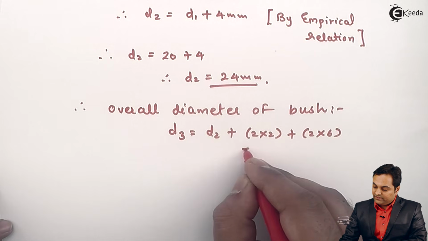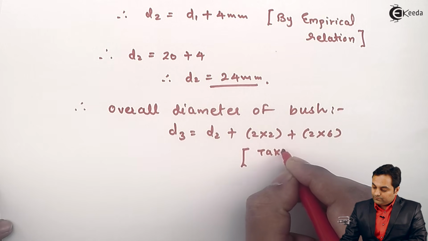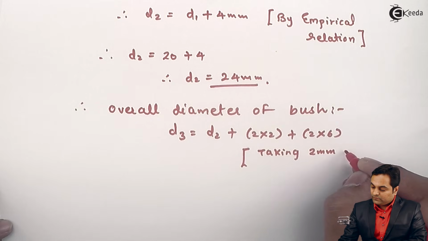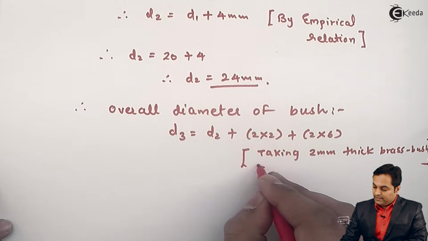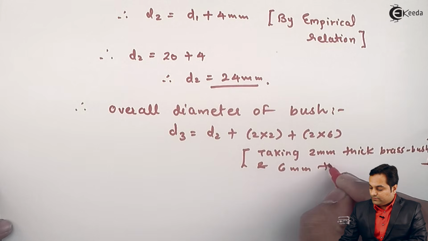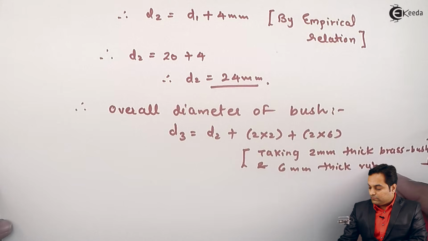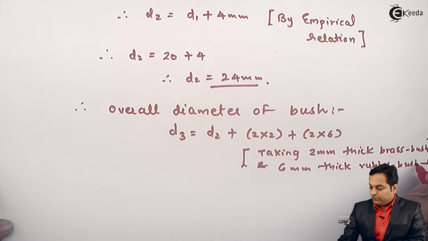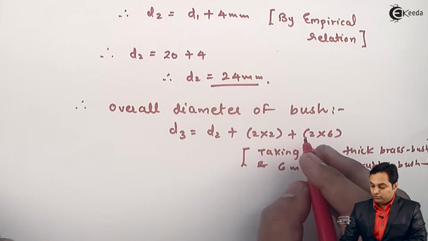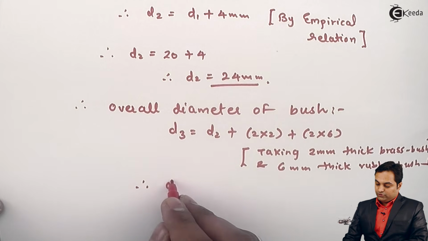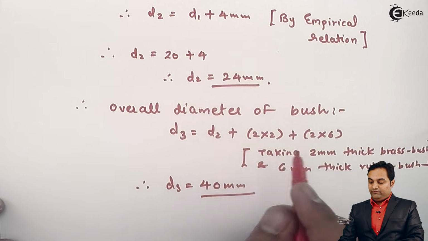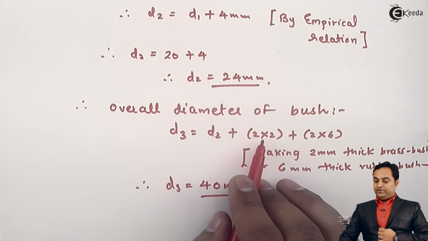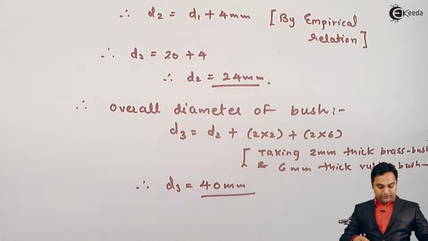What are these values? I'll say that taking 2 mm thick brass bush and 6 mm thick rubber bush. So 6 mm indicates the thickness of rubber bush, 2 mm thickness of brass bush. So therefore D3 comes out to be 40 mm. Since D2 is 24, so 24 plus 4, that is 28, and adding 12 the answer is 40 mm.